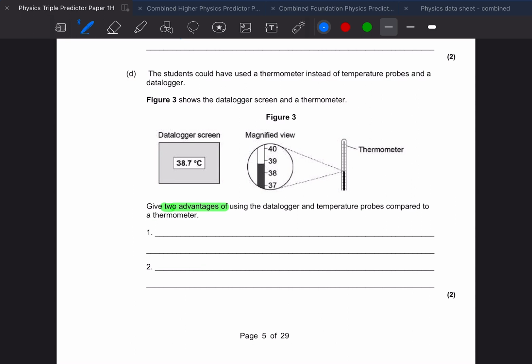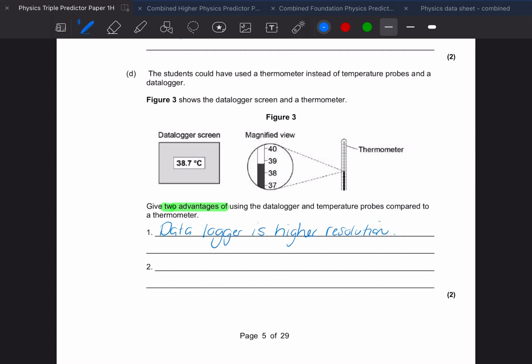Well, the first thing you can see is that the data logger has got a decimal place, whereas our thermometer has not. So the resolution of the data logger is 0.1 degrees Celsius, whereas the resolution of the thermometer is 1 degree Celsius. So the data logger is higher resolution.